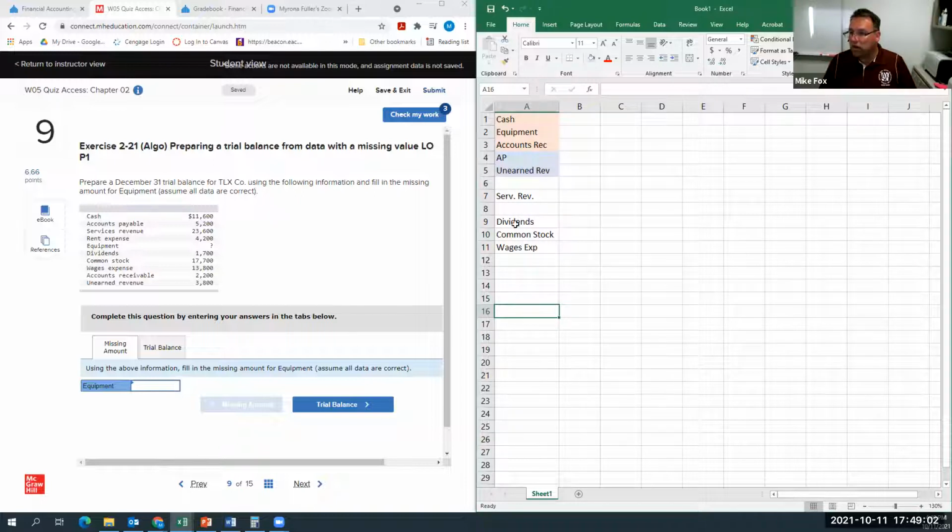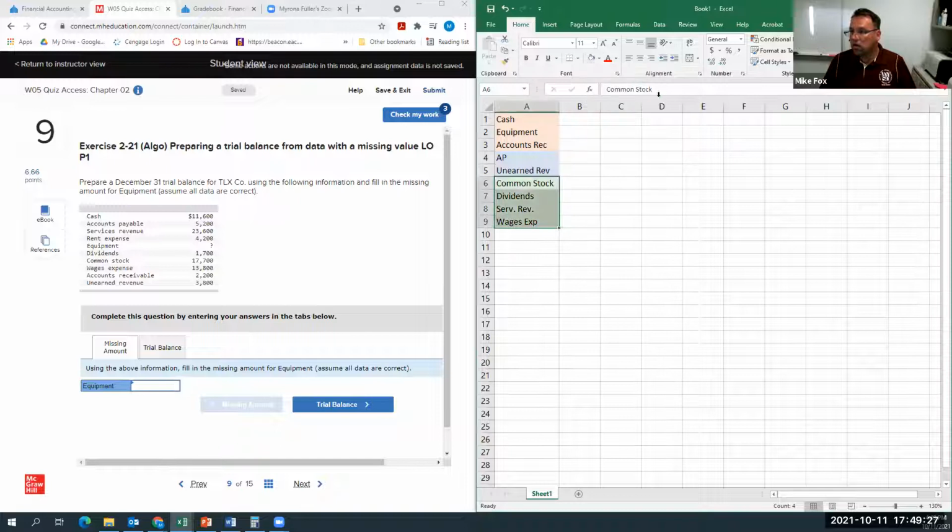And then we will do our common stock account. These are stockholders' equity, followed by dividends. Finally, we'll have service revenue and wage expense. So these are our equity accounts.